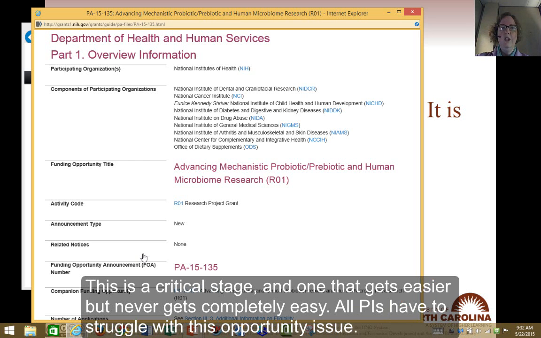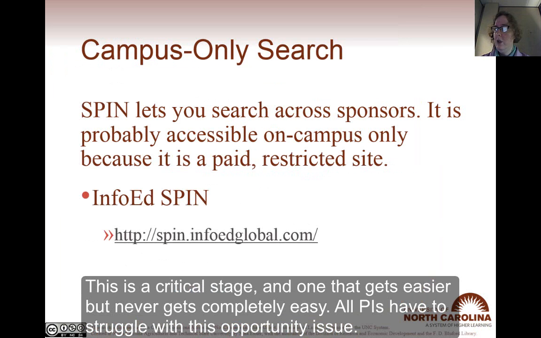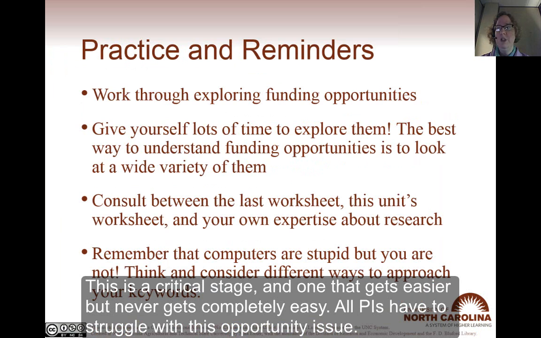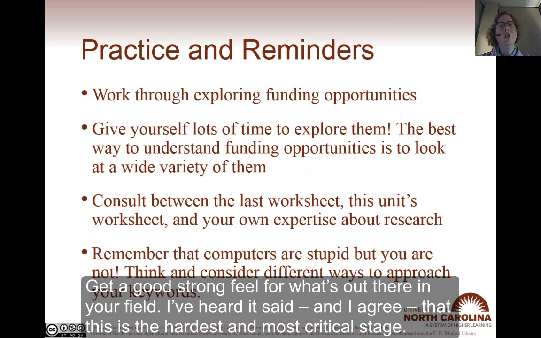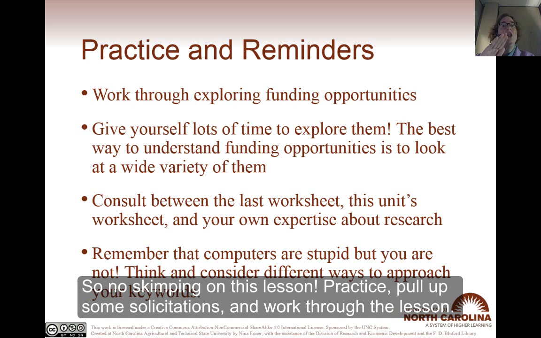This is a critical stage, and one that gets easier, but never gets completely easy. All PIs have to struggle with this opportunity issue. Get a good, strong feel for what's out there in your field. I've heard it said, and I agree, that this is the hardest, but most critical stage. So, no skimping on this lesson. Practice, pull up some solicitations, and work through the lesson.